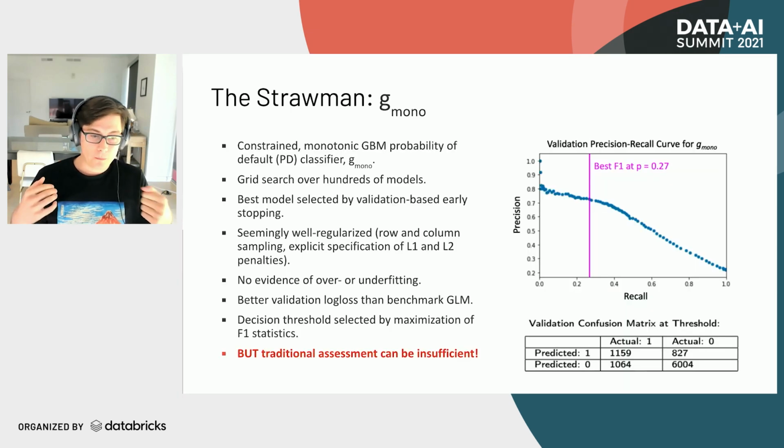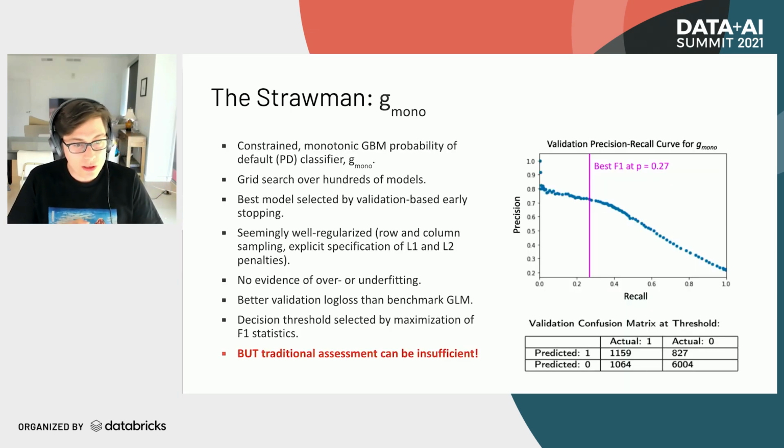All right, so I teach at George Washington University. This is a model that I would give even graduate students an A on. It's the kind of model that in my professional work I would be thrilled to see a client deploying. So let's go through the good aspects of this model. It's constrained, so it uses monotonicity constraints.